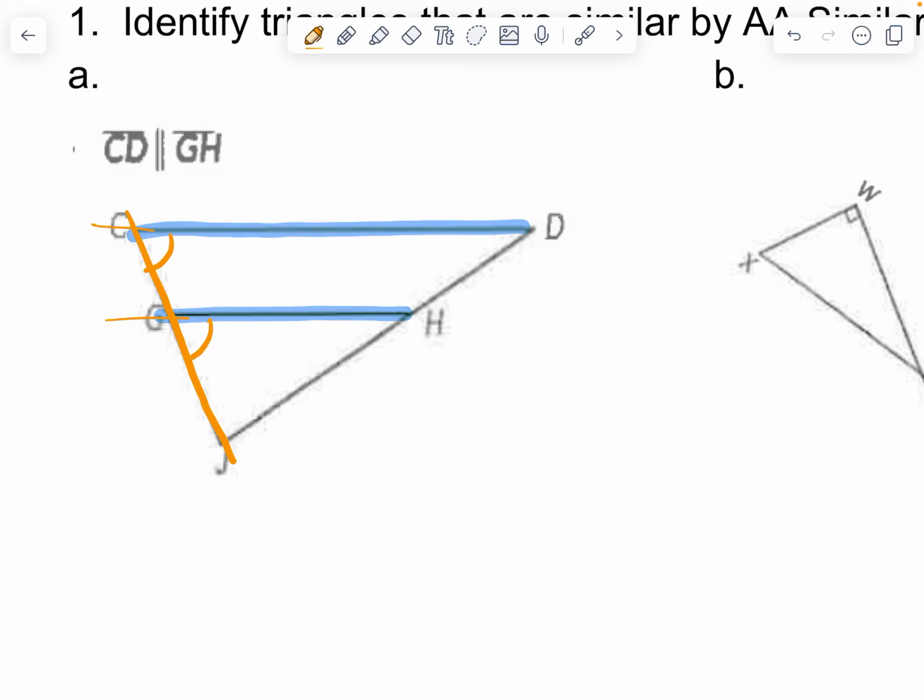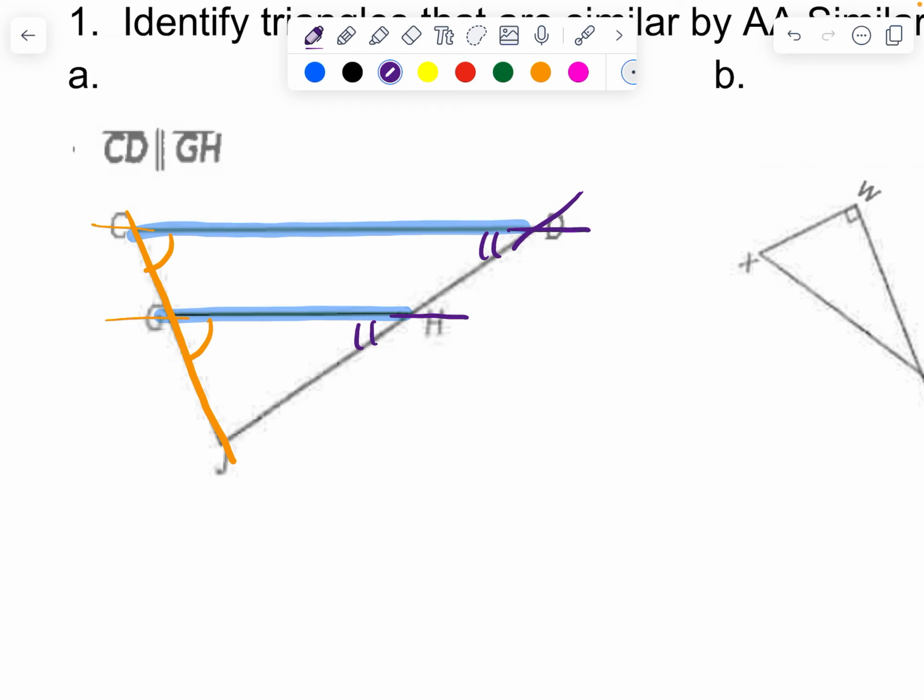So that means that they are congruent to each other. Then, if I elongate this side and this, those are parallel, and that's a different transversal. This angle right here is congruent to that angle right there by corresponding angles.